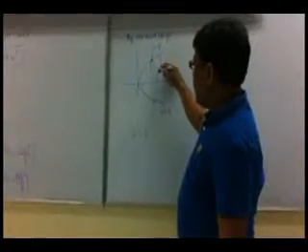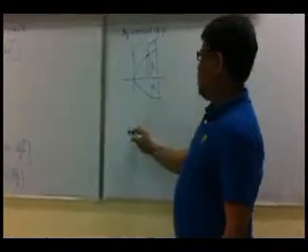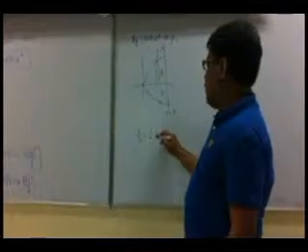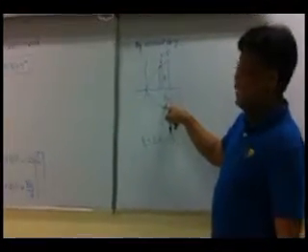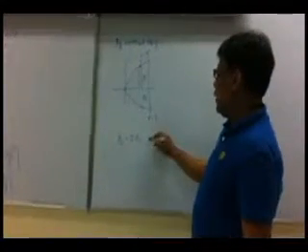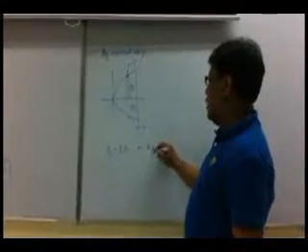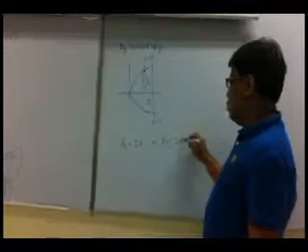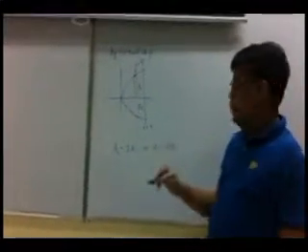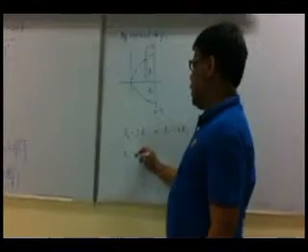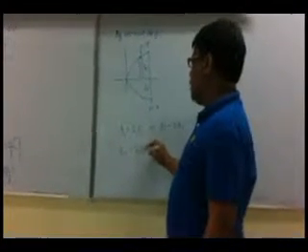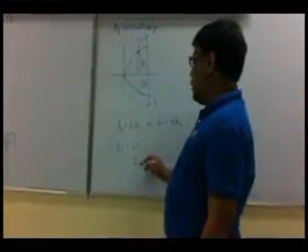If I have this as A1 and A2, so the total area will be twice of A1. Or you can also use the other region, that is A2. So A total equals twice A2. Follow? So if you're going to make use of the first one, A total equals twice area 1. So let us now find area 1.